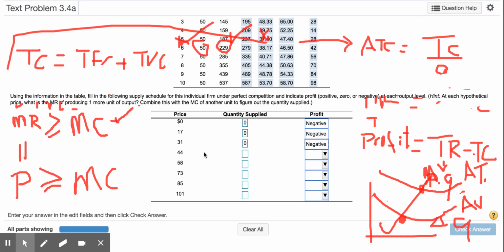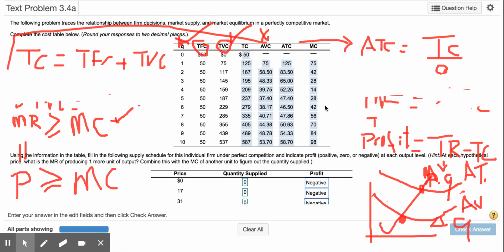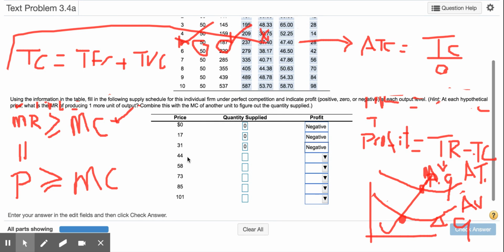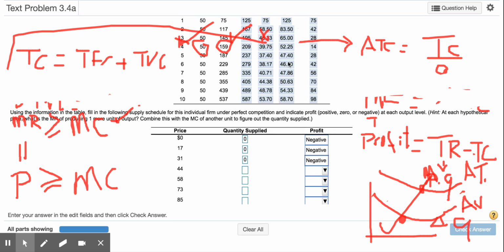Okay, so when price is 44, we should produce 6 units, right? Because over here, marginal cost would be higher. Marginal revenue is higher than marginal cost. Notice that at 6 units, the price 44 is higher than the average variable cost. So now we are on this section.